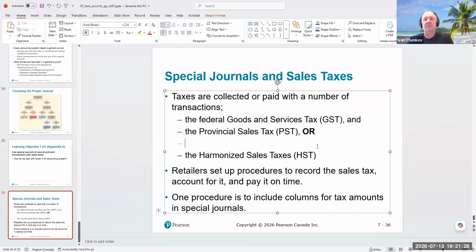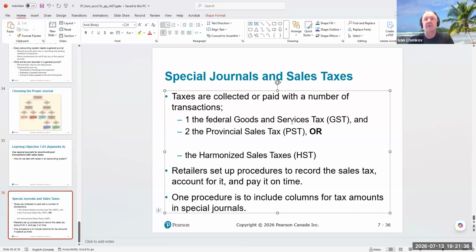Now, what are harmonized sales taxes? Harmonized sales taxes combine those two together. If this is 1 and this is 2, then in harmonized taxes, you're going to have 1 plus 2 all together. In every province, we have the federal goods and service taxes, and in every province, we have provincial sales taxes.